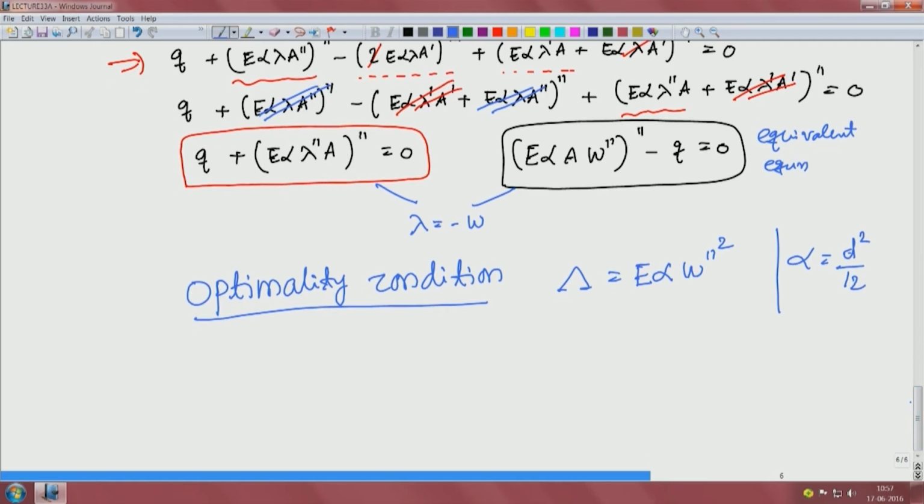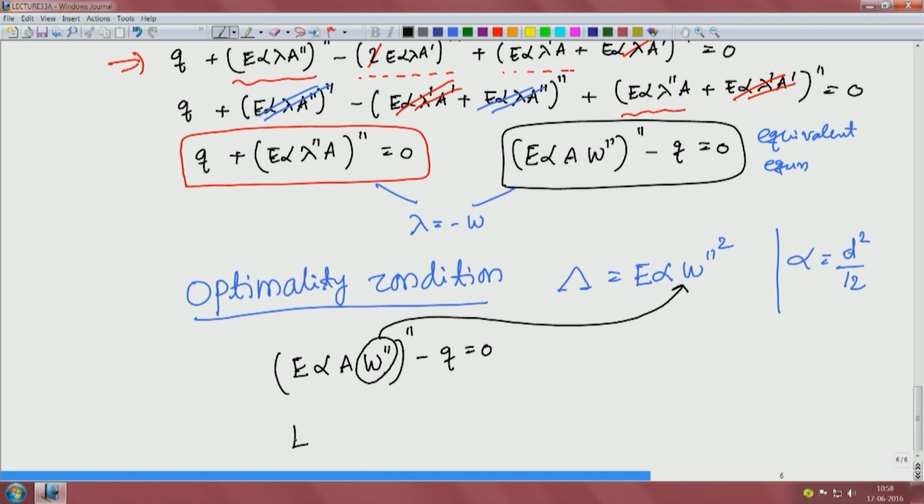but it does help us compute area of cross section because we know the equilibrium equation, which is E alpha A W double prime minus Q equal to 0. Now, from here we can substitute for W double prime, okay.